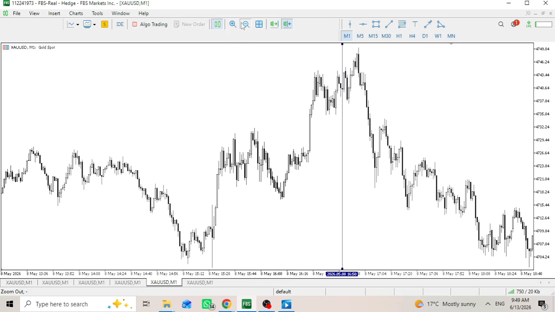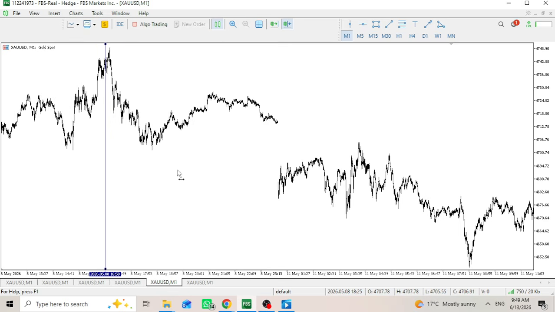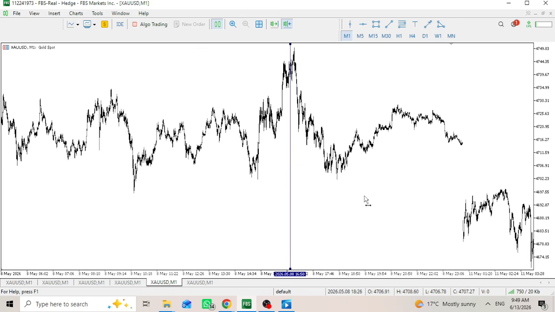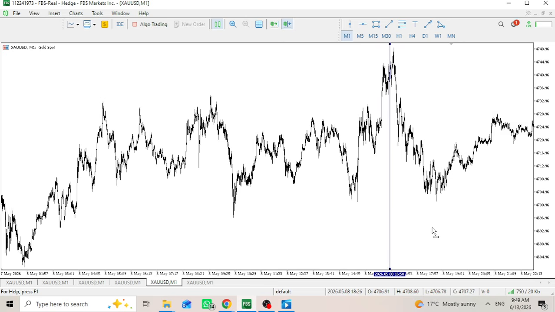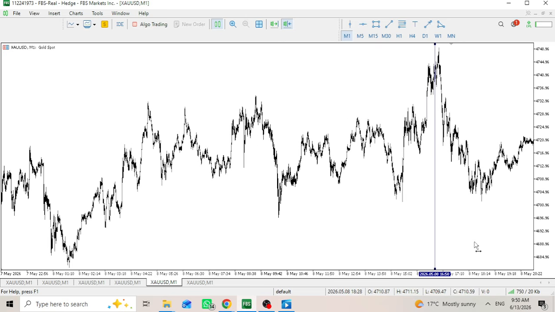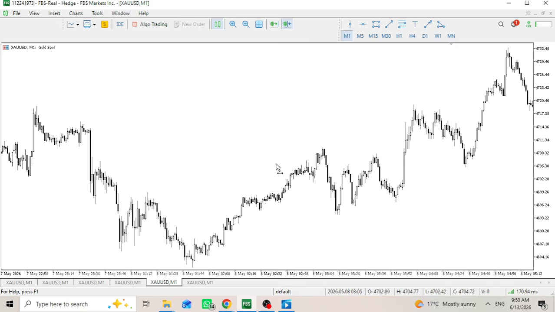If you decompress this chart this way, you will see the 5 p.m. There I have put a line, but the line is a bit behind. You can see 5 p.m. is the highest level. You can check from here to here. 5 p.m. is the highest level. The first 1 minute candle of 5 p.m. took out the high of 4 p.m., making it the highest level of the day.